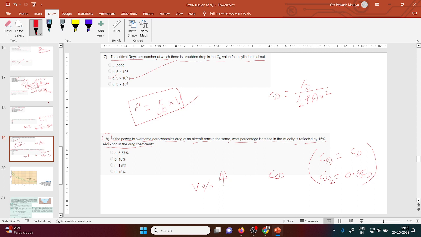That is P1 in the first case and P2 in the second case, right? This is what the question is telling.